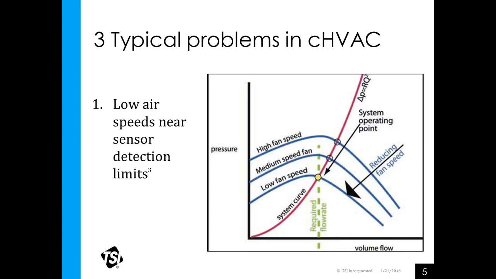I wanted to come up with 3 typical problems in critical HVAC that you see most often. One of them is the velocity near the sensor is too low, and lower airspeeds near sensor detection limits are a common problem in critical HVAC systems. Why is that?